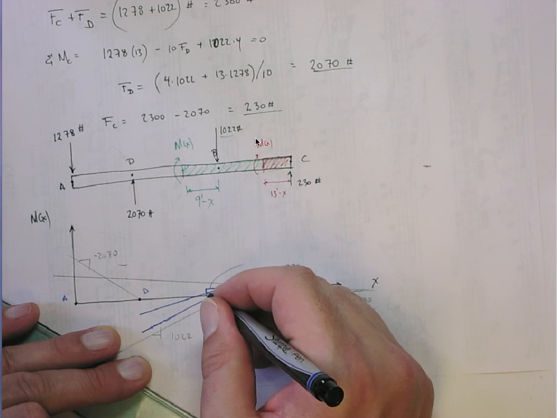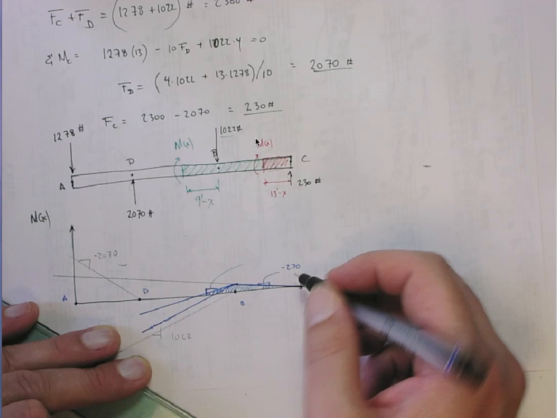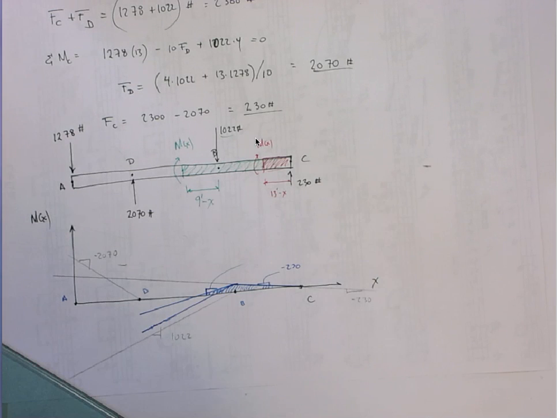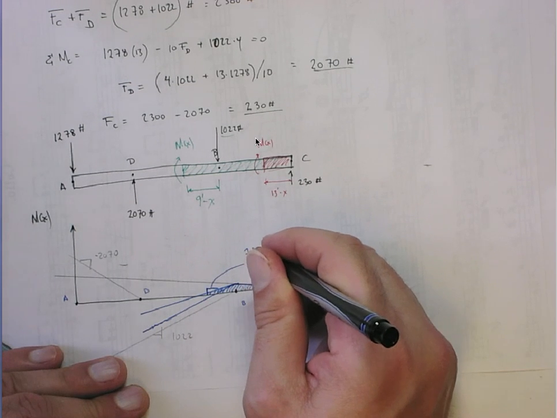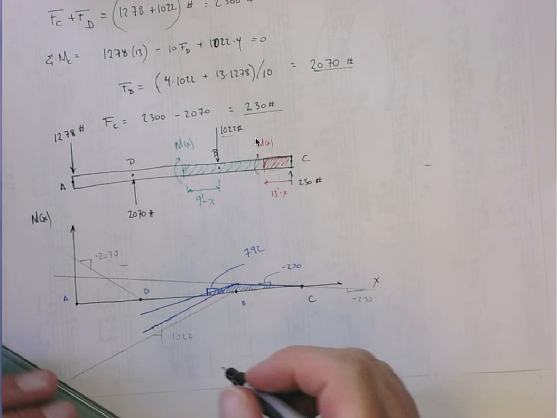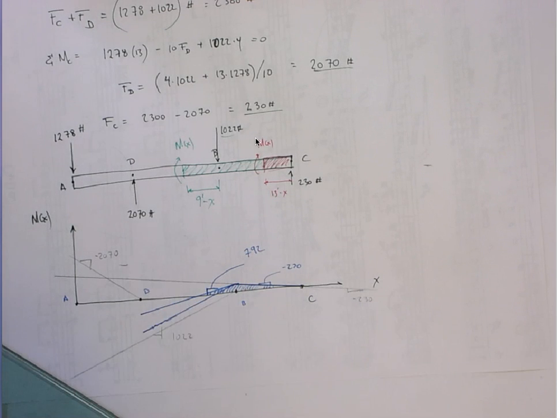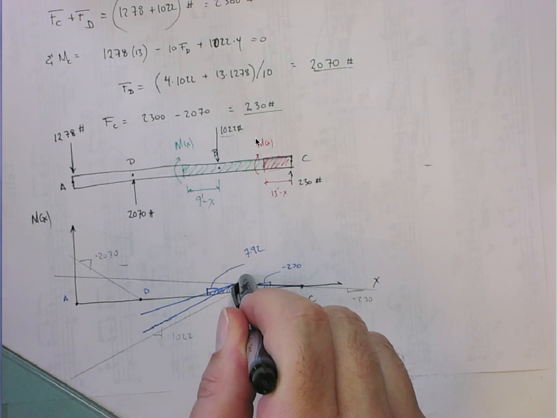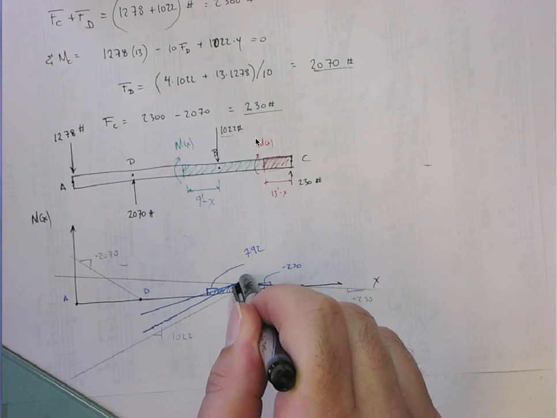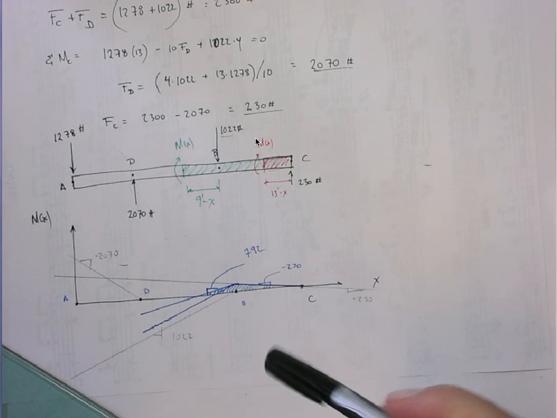This slope here of the resultant curve is going to be the minus 230 plus the 1022. So that is going to be a slope of 792. All right, and then when we get to this point, it's going to be the 792 minus 2070.